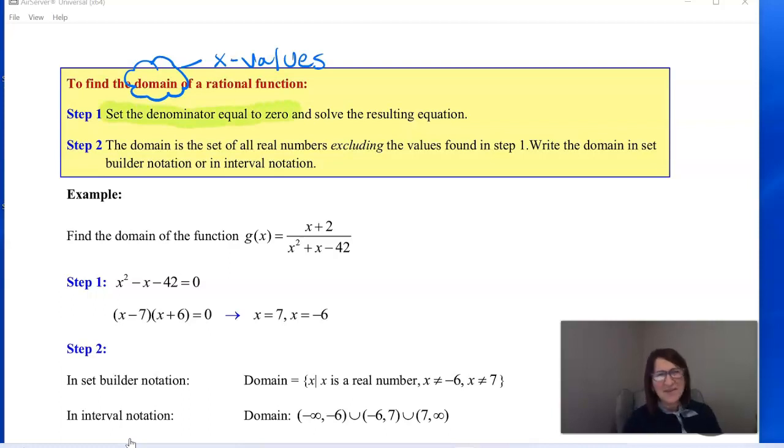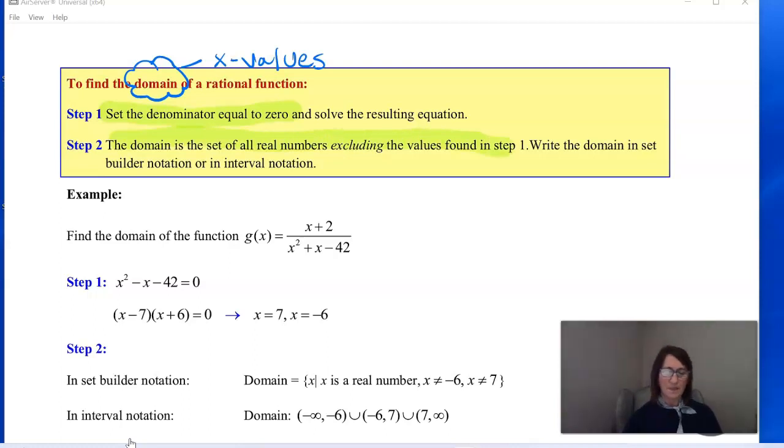Does it say anything about the numerator? No. We're only concerned about setting the denominator equal to 0 to find the domain. Then the domain is the set of all real numbers, excluding any values we find in step 1.